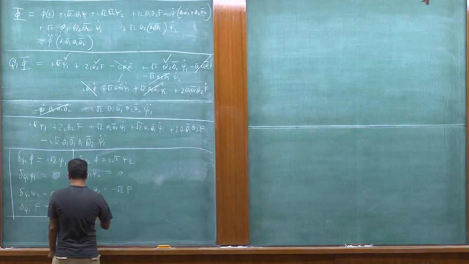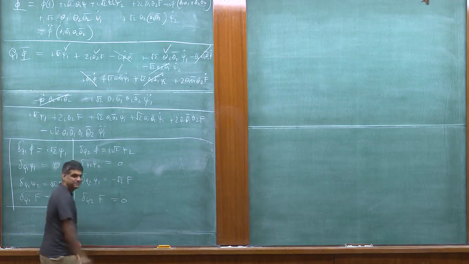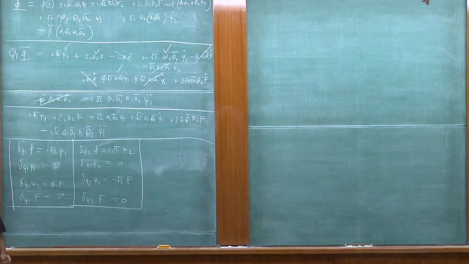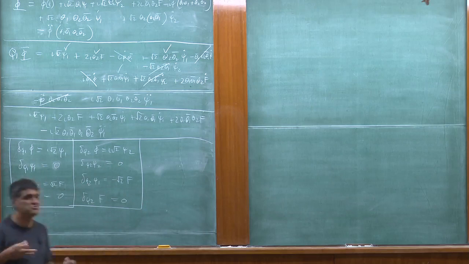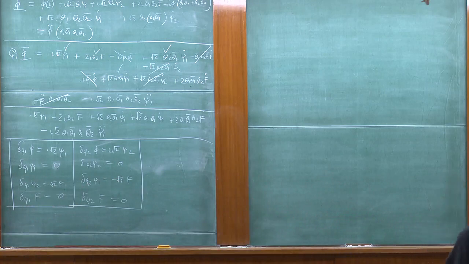And delta q2 of f, well, minus f, but that doesn't matter since it's 0. Okay. So 2 out of the 8 things we want are up here. Let's work out another 2 and then figure out the other ones.